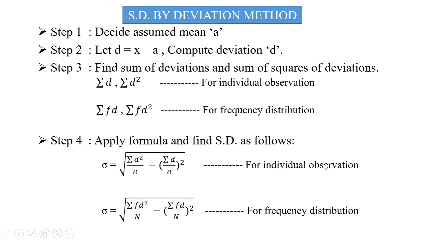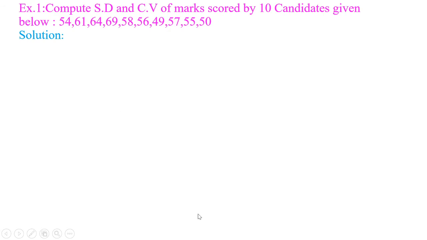For individual observations, sigma is equal to under root summation of D square divided by n minus summation of D divided by n, bracket square. And for frequency distribution, sigma is equal to under root summation of f D square divided by capital N minus summation of f D divided by N, bracket square.